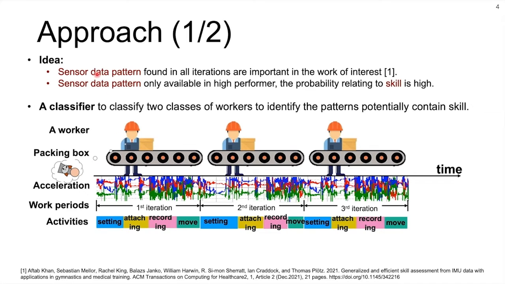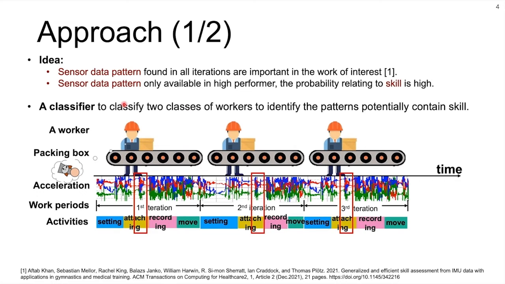The first idea says that some sensor data segments or patterns frequently occur in each iteration, which is necessary for the target task. In this example, the attaching label appears in every iteration, which is a very necessary action for the packing task, as we need to use the label to record the progress of the task.